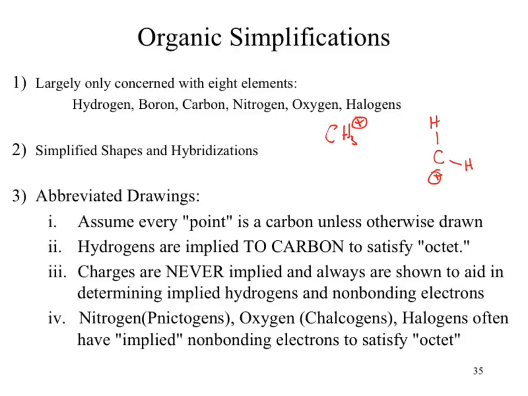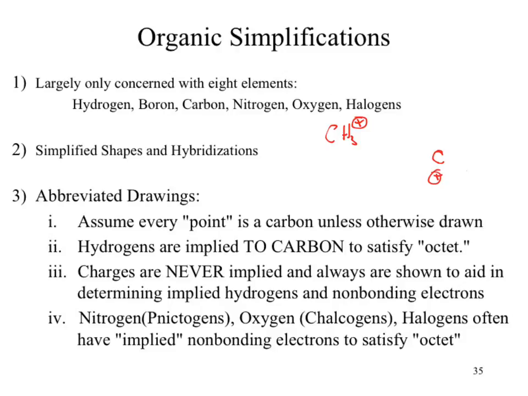But you don't have a choice. You can't mix and match. If you're going to show hydrogens, you'd better show them. If you don't want to show the hydrogens, then don't show the hydrogens. No gray area in between, no halvesies. So when you're implying hydrogen, you show the lines? You do not have to show the lines. Because if you show a line that ends in a point, that is then a carbon. So the only way you know it's not a carbon is by showing a hydrogen.